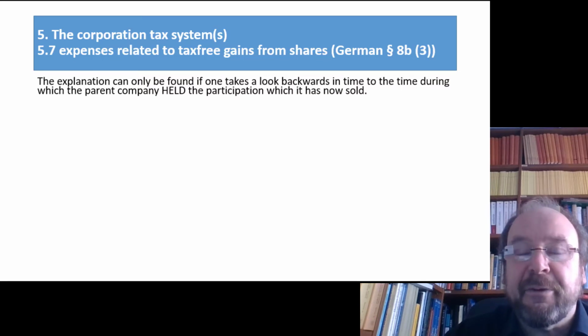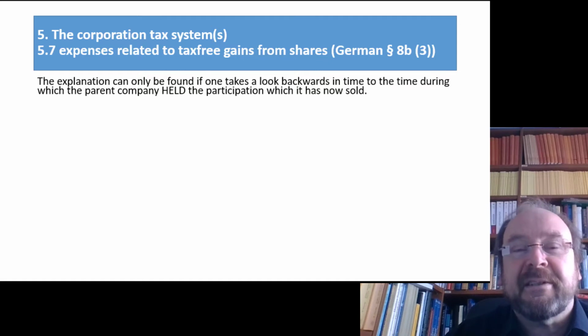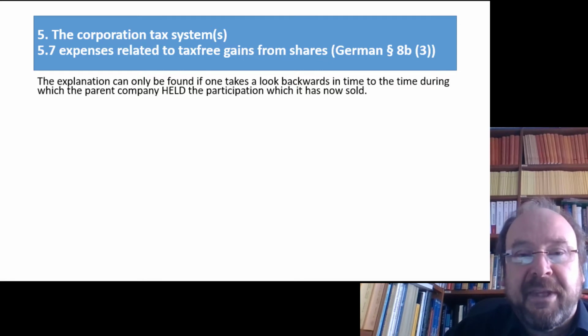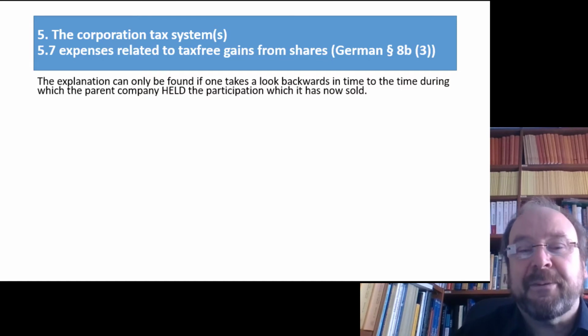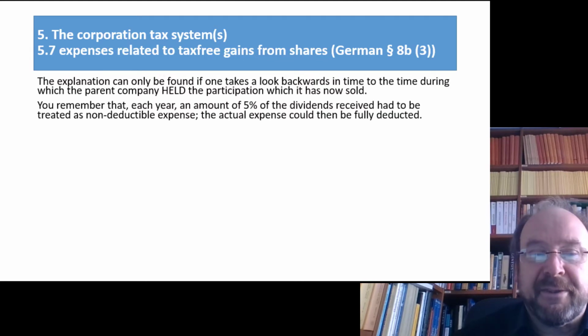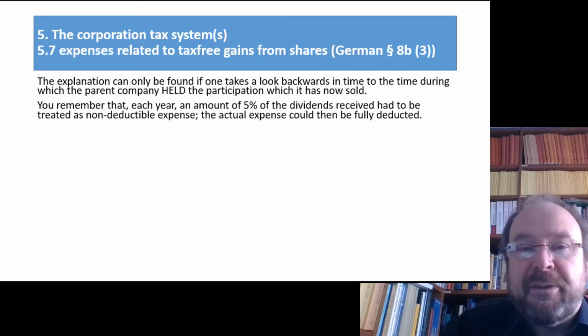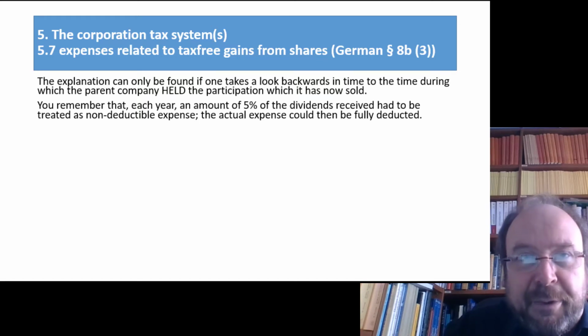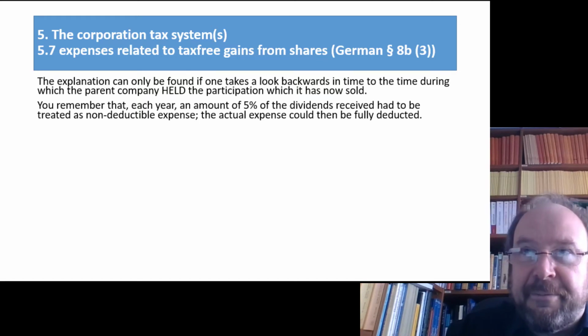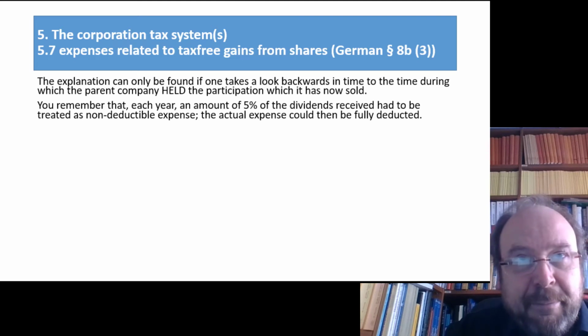The explanation for the additional 5% lump sum can only be found if one takes a look back in time to the years and decades before you sold the shares. Because you remember that during the time where you hold shares in another company and you are a company yourself, the dividends coming in are tax-free.